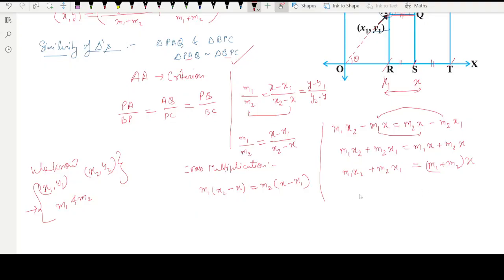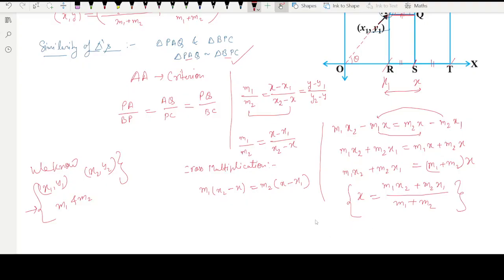So x is equal to (m1 x2 plus m2 x1) upon (m1 plus m2). This is simple algebra. I hope you understand.